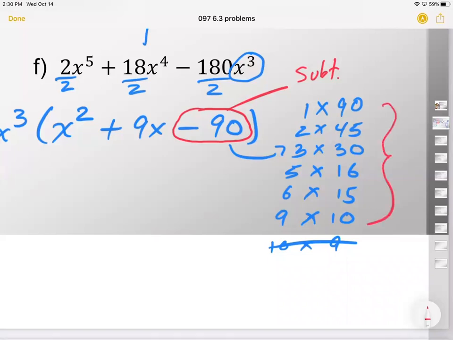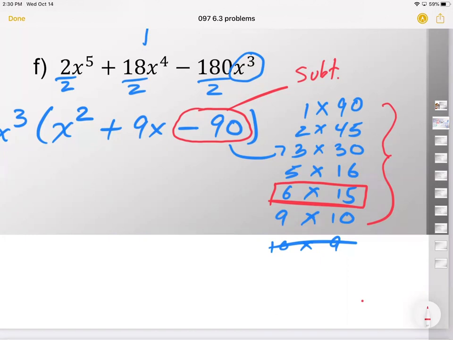Is there 2 numbers that multiply to give me 90, but subtract to give me 9? And hopefully you guys probably say, well, here are the 2 numbers that multiply to give you 90 and subtract to give you 9, right? 15 minus 6 to give you 9.